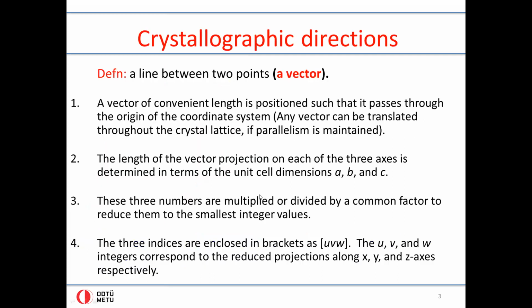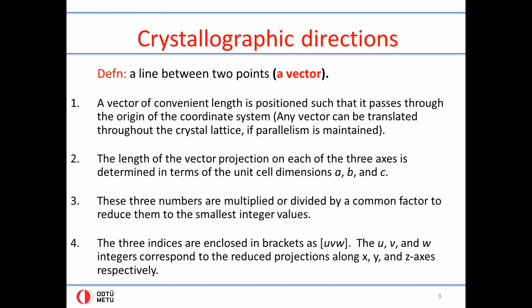Now, directions are one-dimensional, hence they use a line between 2 points, or a vector. And there is a rule that's followed, and it'll make more sense when we follow the example given on the next slide. But a vector of a convenient, suitable length is positioned such that it passes through the origin of the coordinate system.